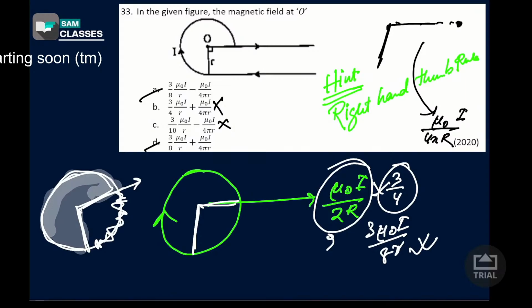Now there is a wire also. So will that wire part be added or subtracted? Why, Purvika ma'am? Tell me by using the right hand thumb rule the direction of magnetic field for the first one. Keep your hand on the current and rotate it along the direction of current. You will see your magnetic field is going inside the paper. Correct. So what about the wire? Is it going inside the paper or outside the paper?